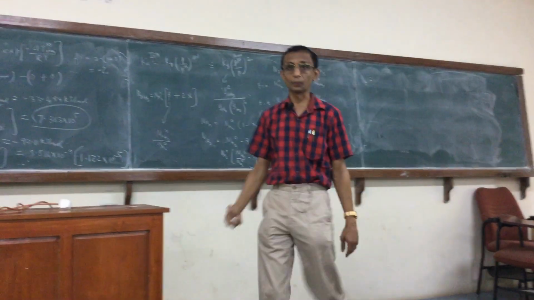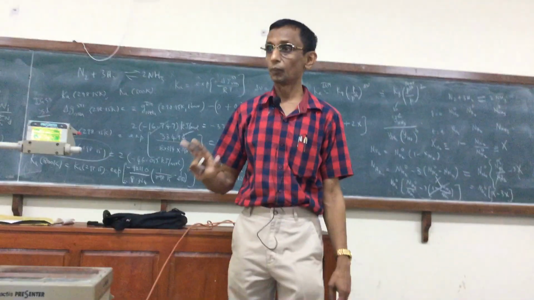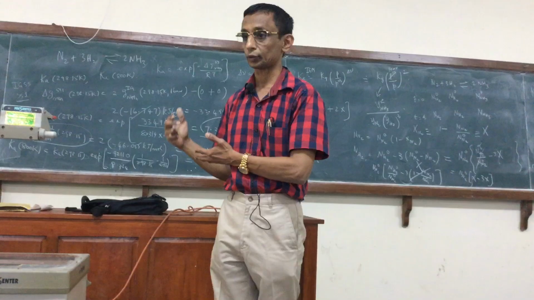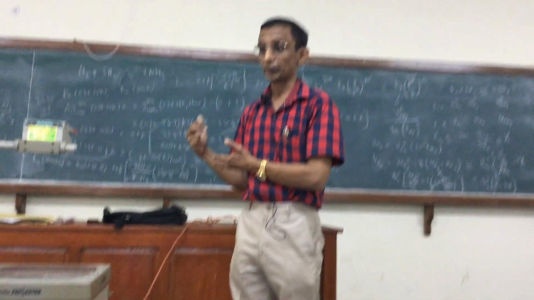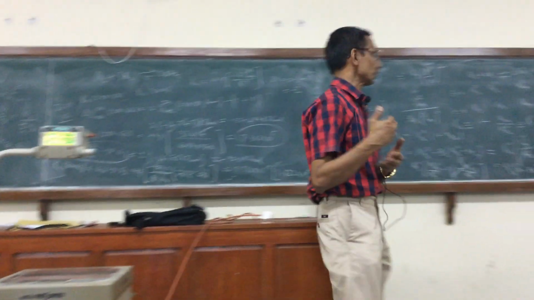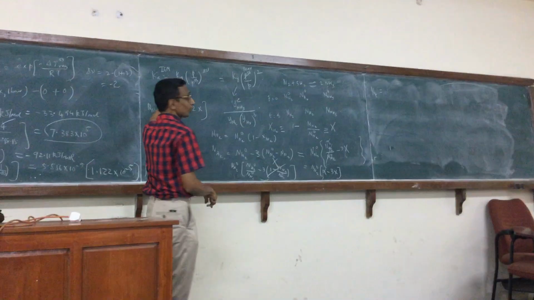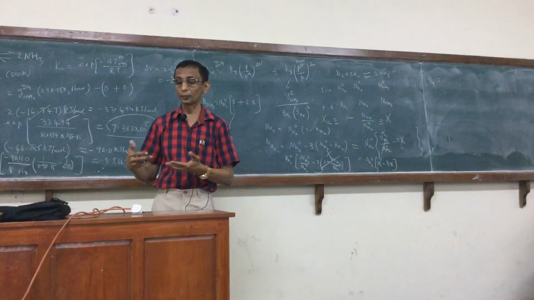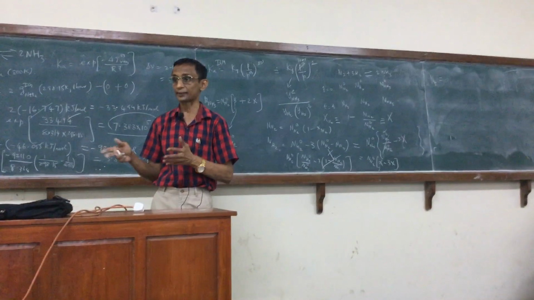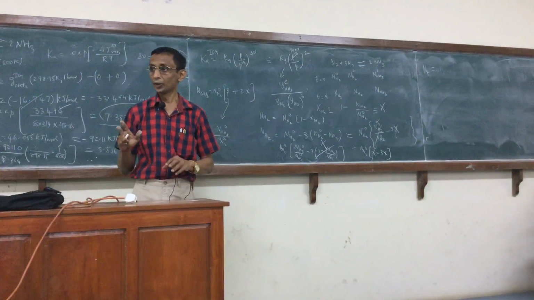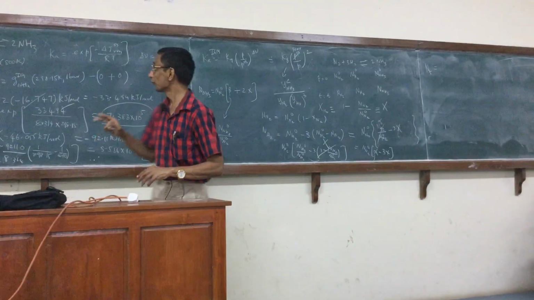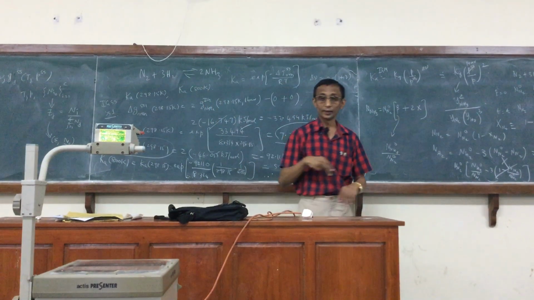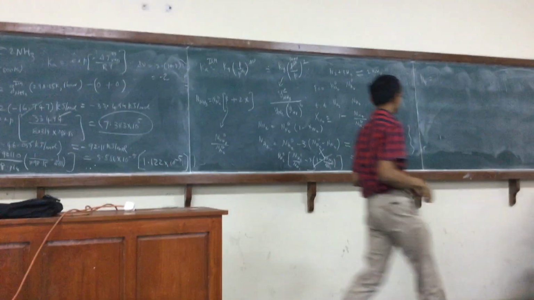Because if I want to calculate the mole fraction, I have only calculated the mole number, so I need to calculate the total mole numbers, right? So if the delta v is 0, the contribution coming from the total mole numbers in the mole fraction expression will all cancel out. You can easily verify that. Here it won't happen because we have 2 moles here and we have 4 moles there, right? So you will clearly see that that will not happen.